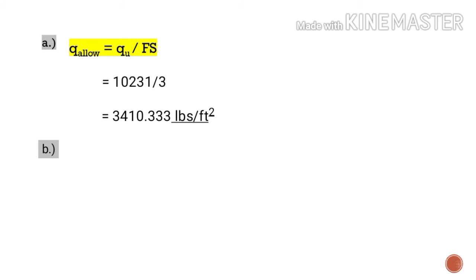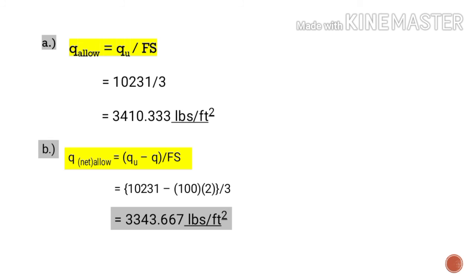Then the next problem is the net allowable bearing capacity, using the formula Q sub U minus Q, where Q we get by multiplying the unit weight of the soil and the depth of the footing, all over the factor of safety, which is 3. So we have 3,343.667 pounds per square feet.